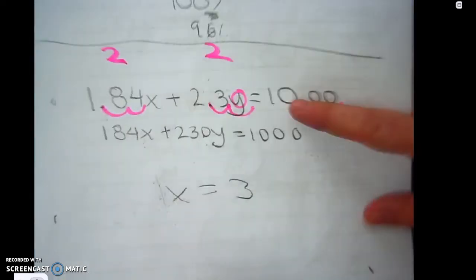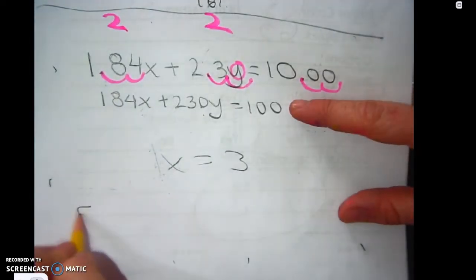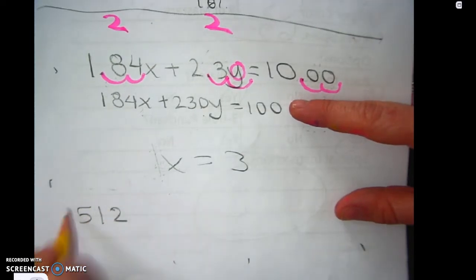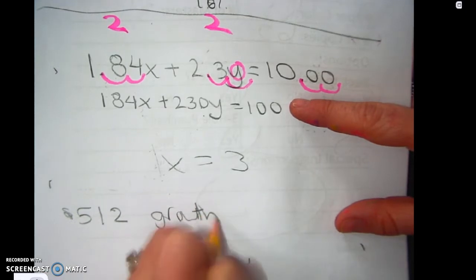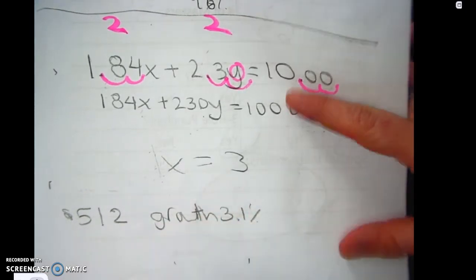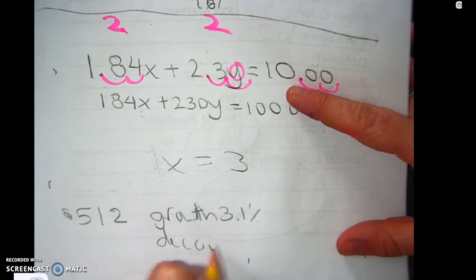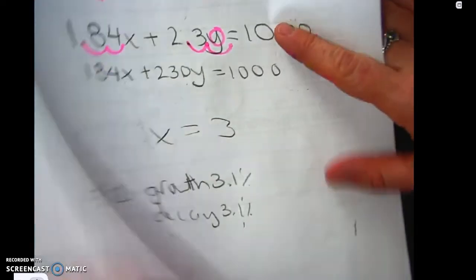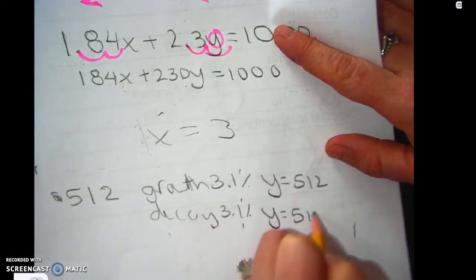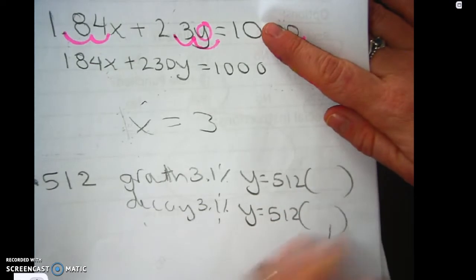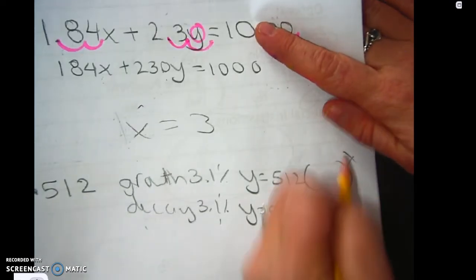Let me do another example, okay? I have $512, okay? If I have a growth of 3.1% versus a decay of 3.1%, my equation is y equals 512. The percentage of growth or decay goes in the parentheses to the x.